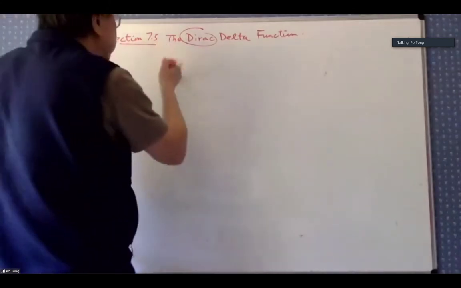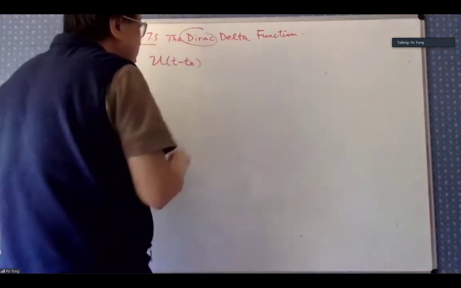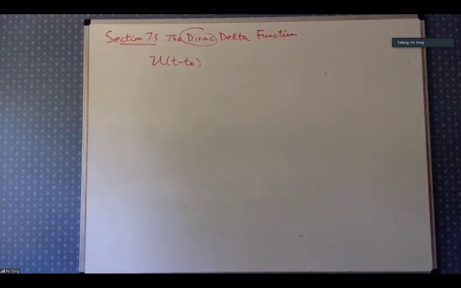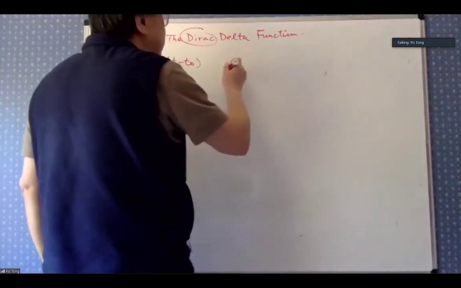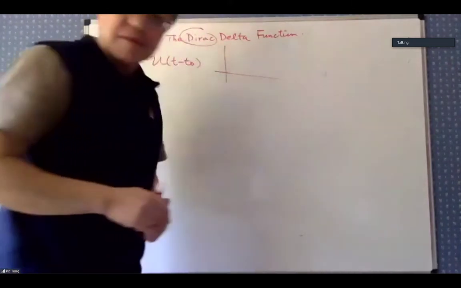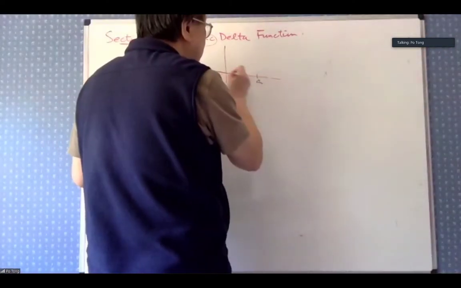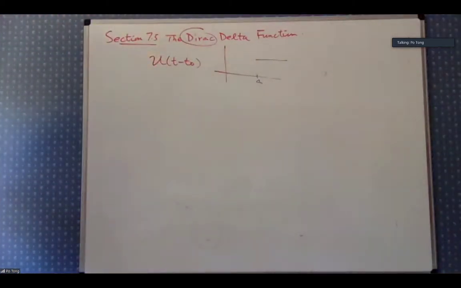This is what happened. This function, you remember that's a unit step function. This guy looked like this. Here is A. You go up a step.